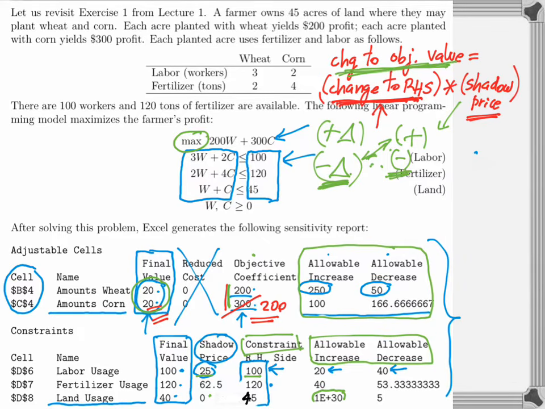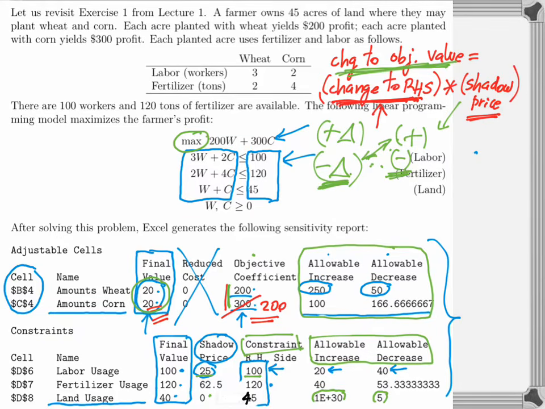All right? Conversely, that's why the allowable decrease on the land is just 5, because notice if I lost up to 5 acres, I would still be fine because I'm only using 40. But if I lost beyond 5, the effect is not 0 anymore. The effect becomes a positive number. Great.